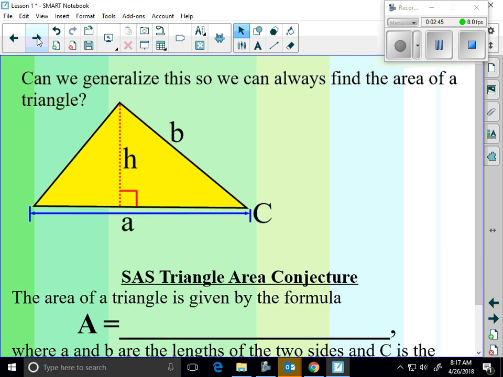Okay? I think we can all agree that the area equals 1/2 the base. What letter represents the base right now? A, correct. That would be the base in this case. And we're going to use the letter H to represent the height. So area of this triangle would be 1/2 A times H. Well, is there a way for us to find H?